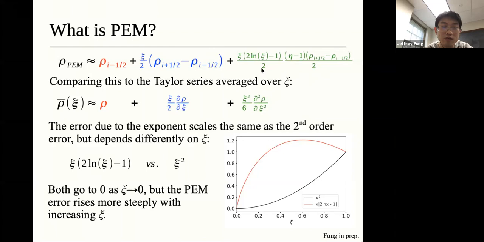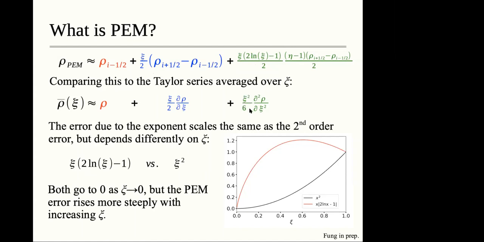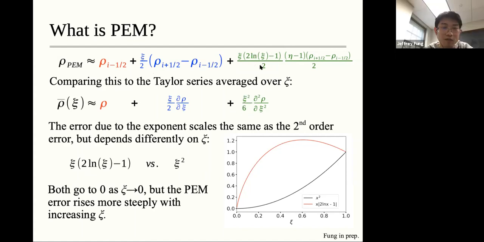So if you compare that to, for example, PLM, it just doesn't have this third term. So similar to PLM, PEM is second order. But this front coefficient is useful because it gives us some idea of how large the error is versus what would happen if you just don't have this third term at all.